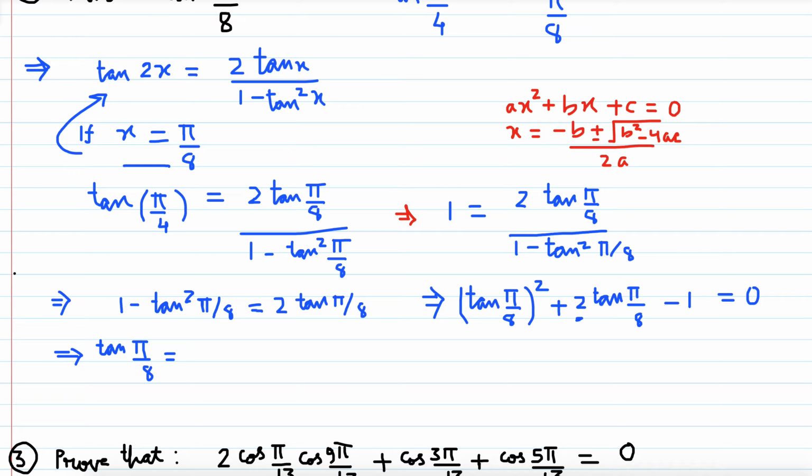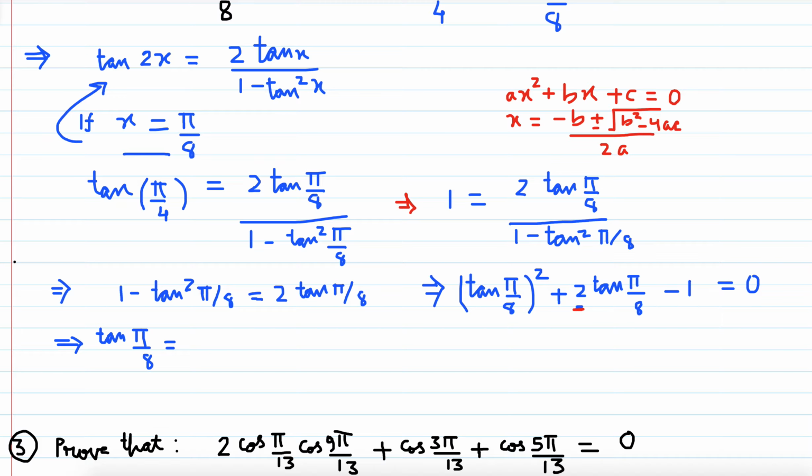So here b is plus 2, c is minus 1, a is plus 1. So we can get tan pi by 8 as minus 2 plus minus square root of b square is 4, and minus 4ac becomes plus 4, minus 4 times 1 times minus 1, and 2a becomes 2 times 1, 2.